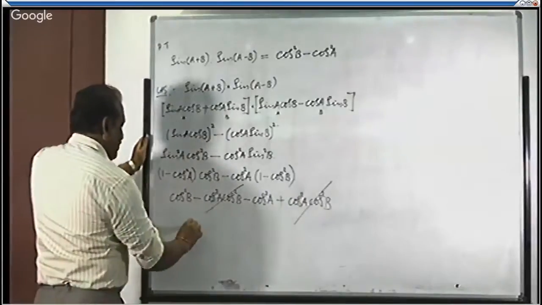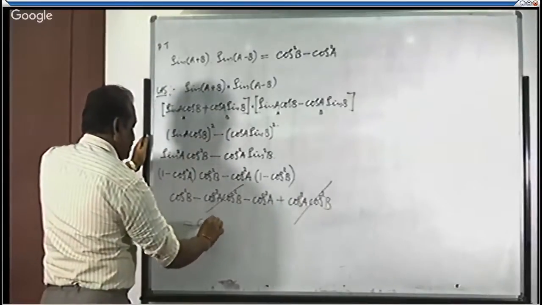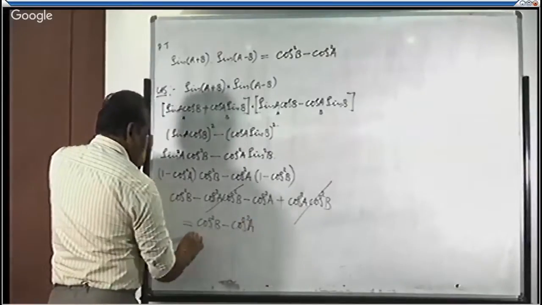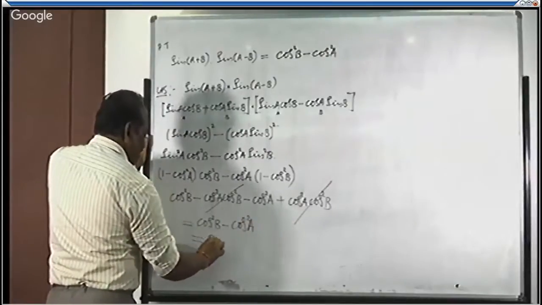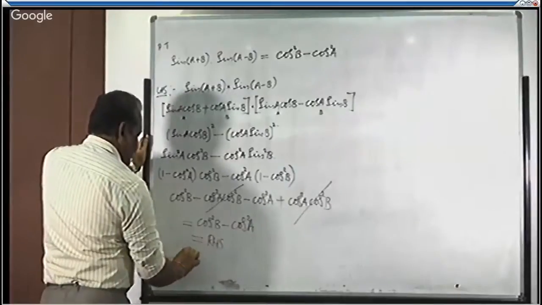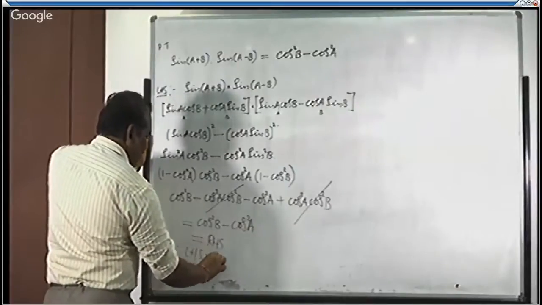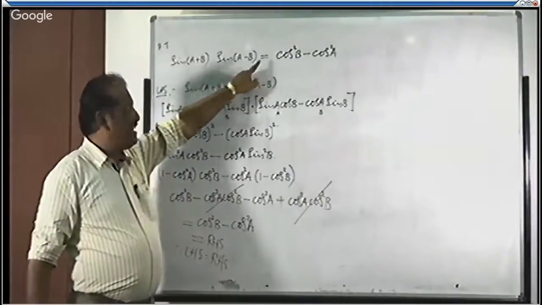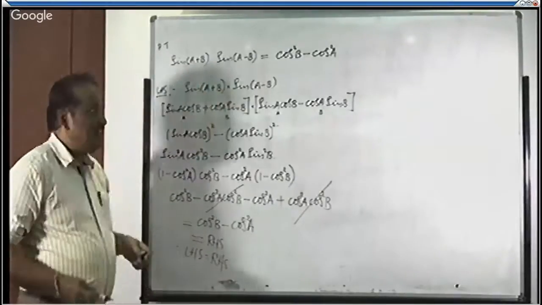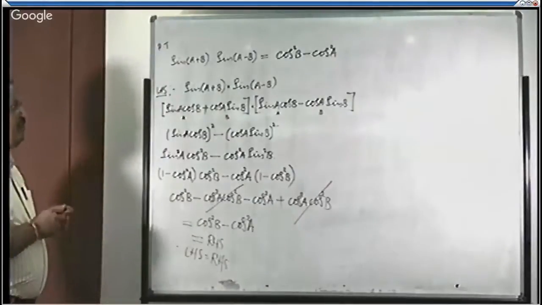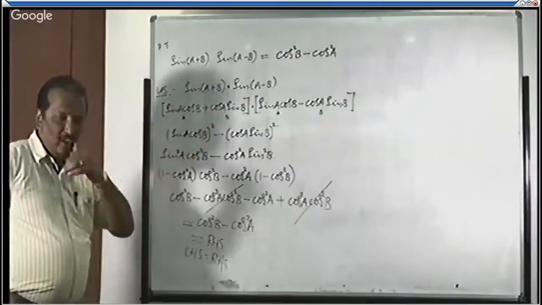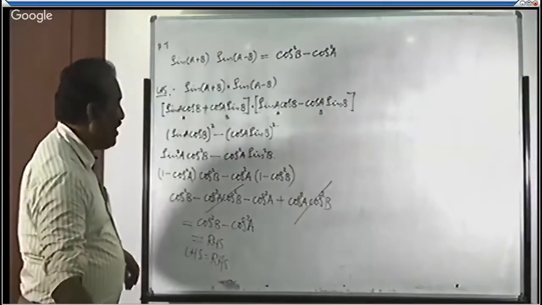What will be the remaining thing is cos square B minus cos square A. Of course it is the required RHS, therefore LHS equal to RHS. What is the LHS? Sin of A plus B into sin of A minus B. What is RHS? Cos square B minus cos square A. So in this fashion, by applying the addition formula and subtraction formula, you get the required RHS.